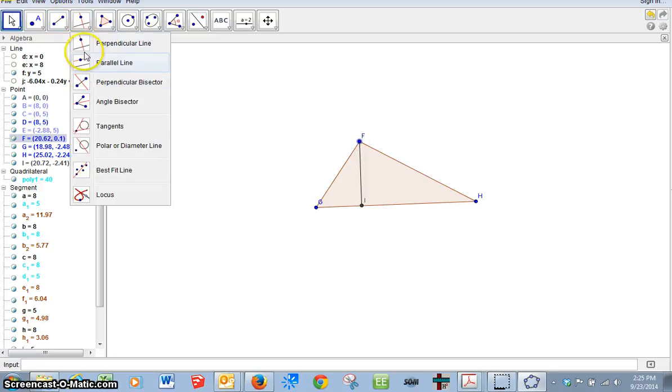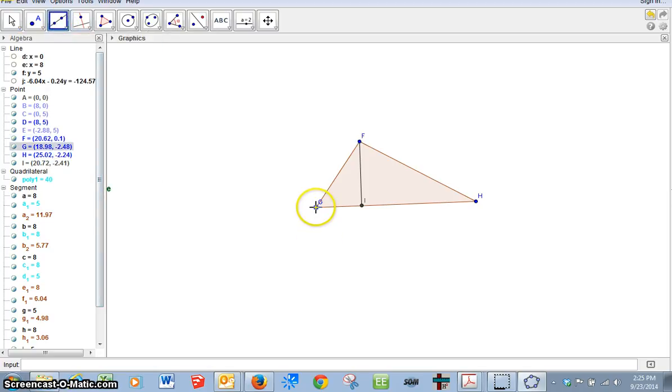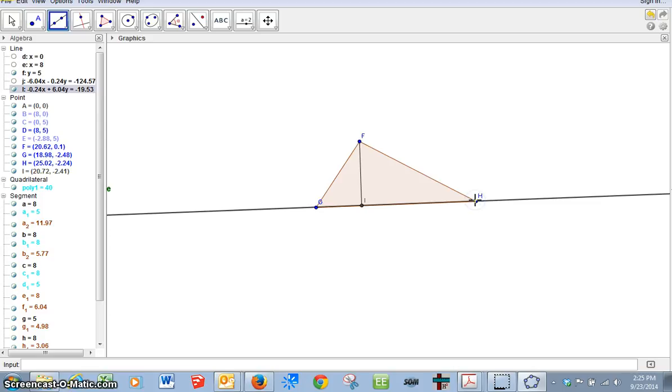We need the line that contains GH. For the moment, I'm going to turn off the triangle.